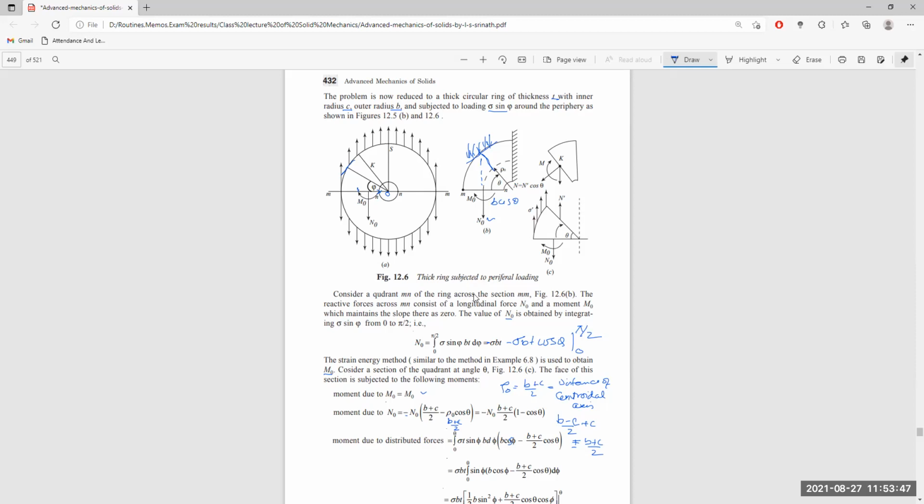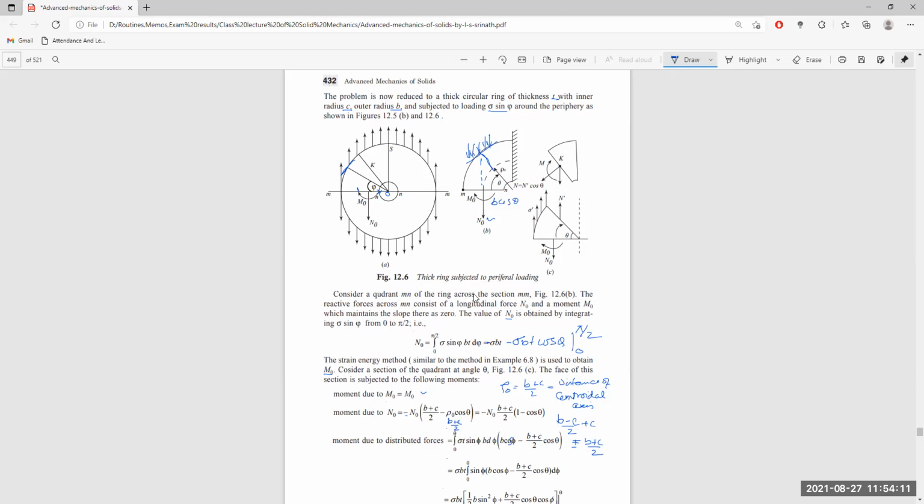Actually this is b cos phi, where we consider this element here. So the distance of this point from the centroid of this round place is given by b cos phi minus (b plus c) divided by 2 cos theta itself.